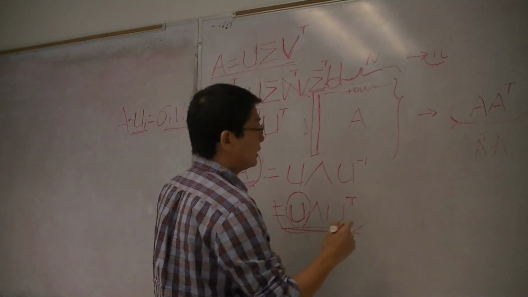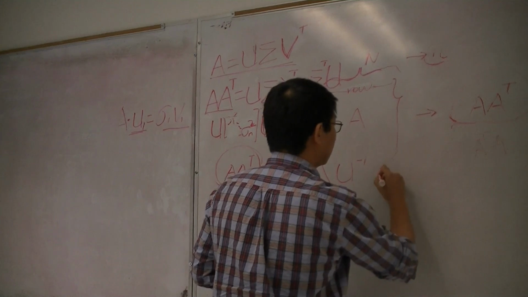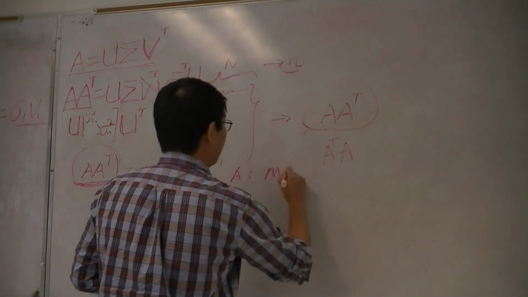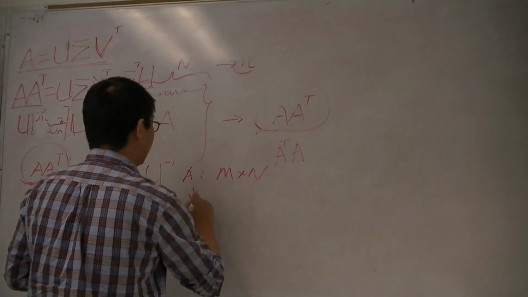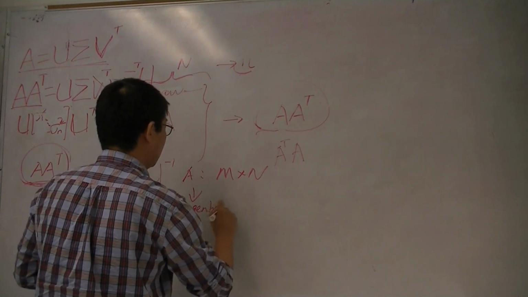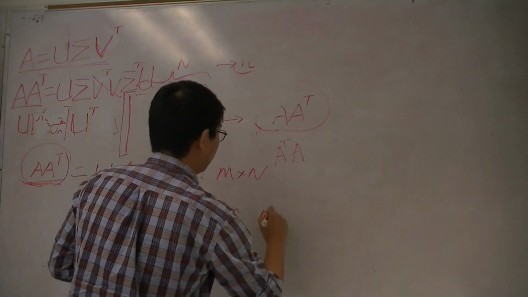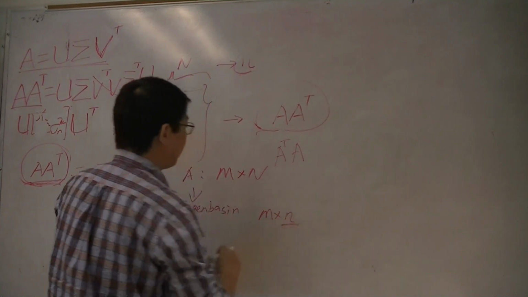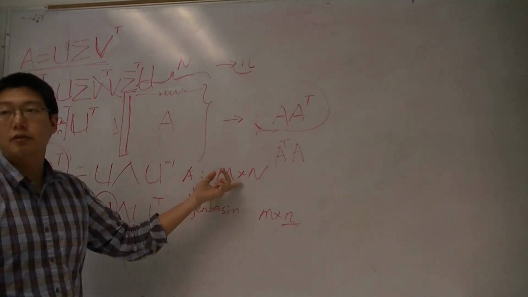So in summary, we have training images. This is M by capital N, and we get some eigenbasis that is smaller. For example, we have like 2,000 or 3,000 training images.